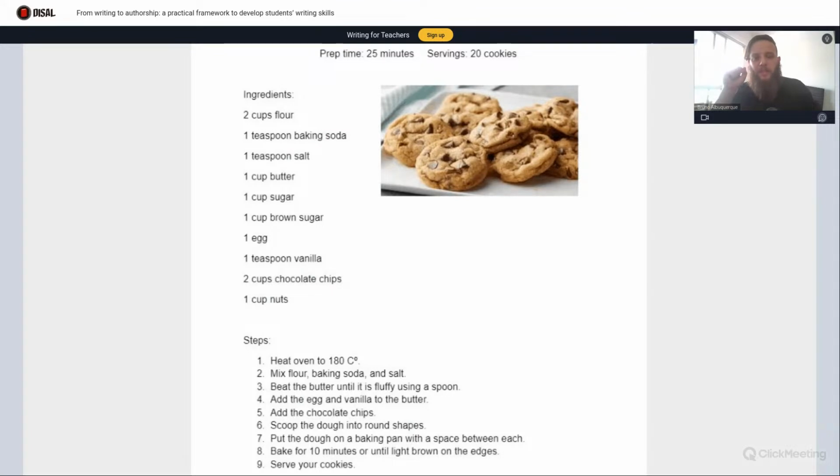So they mentioned, "Teacher, there's a picture of cookies. I can see ingredients. I can see steps. I can see prep time." And this is what I wanted them to do to get started on this genre analysis, to start finding out the characteristics of the genre.